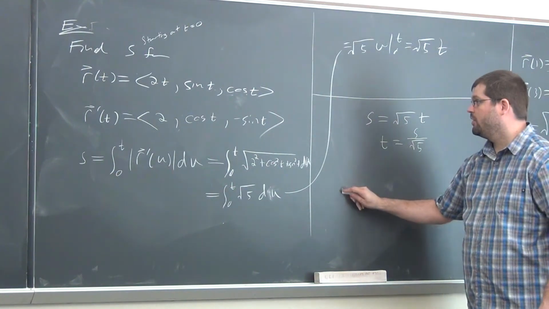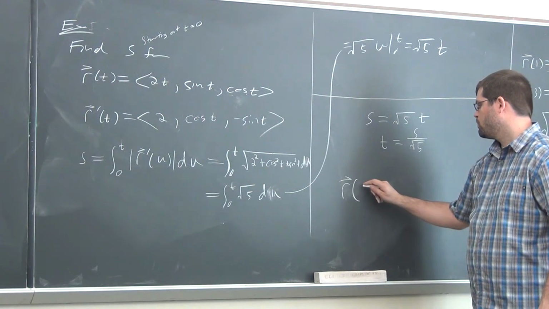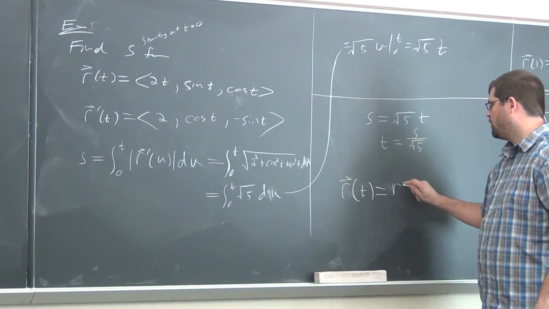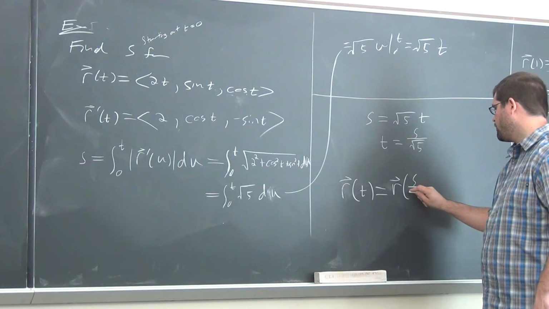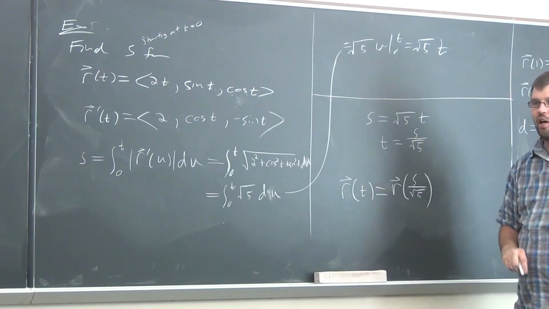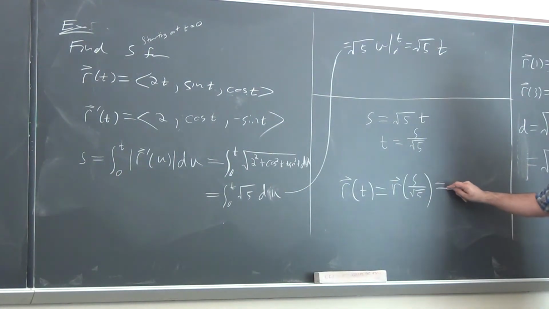If I took this and I replace my t with this s, okay, then I get what? 2 s over the square root of 5, right?